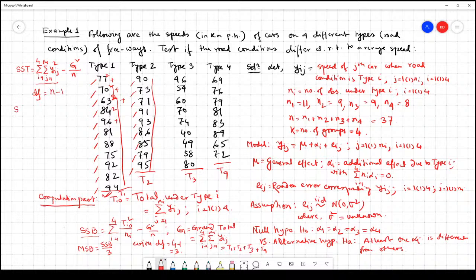And we know SST is the sum of SSB plus SSE.